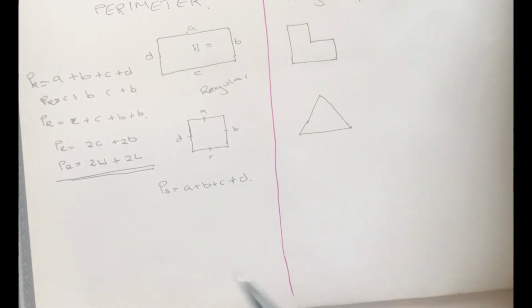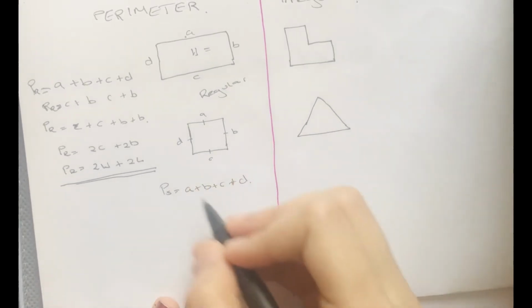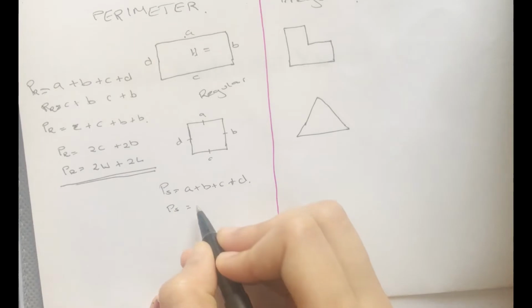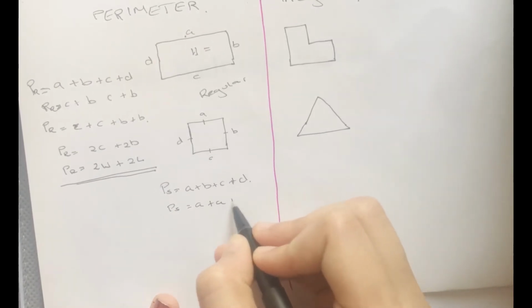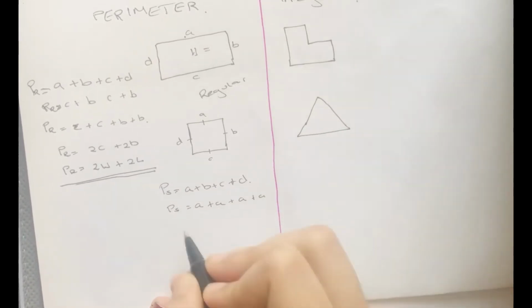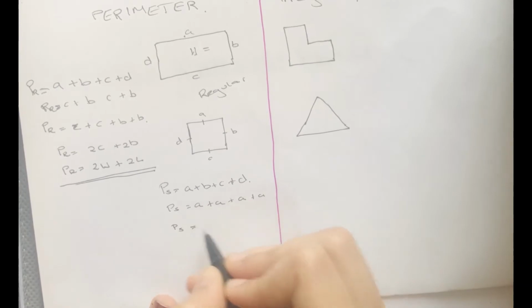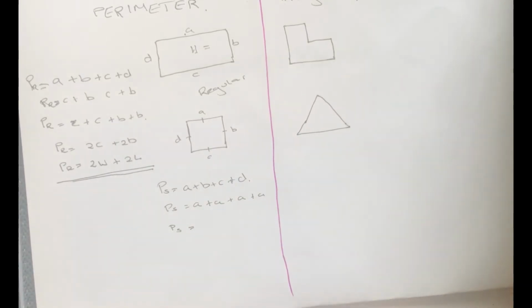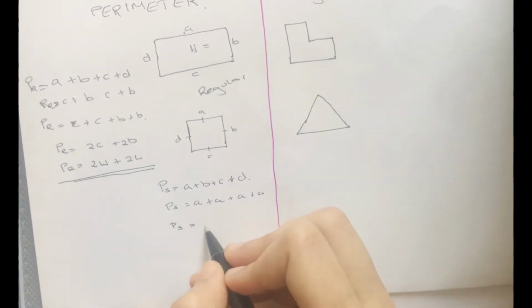A is equal to B, B is equal to C, C is equal to D, A is equal to D, they're all equal. So you can just substitute all with a. So perimeter of a square is equal to a plus a plus a plus a, right? When you add them together, what do you get? Is it 4a? Yes, you're right.